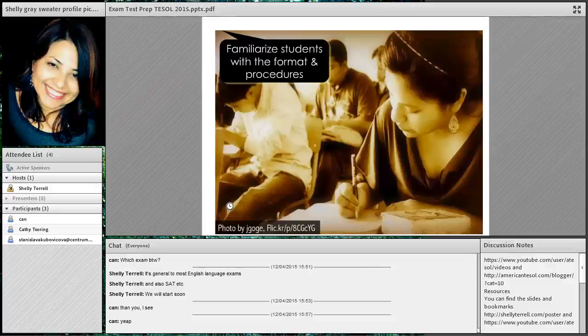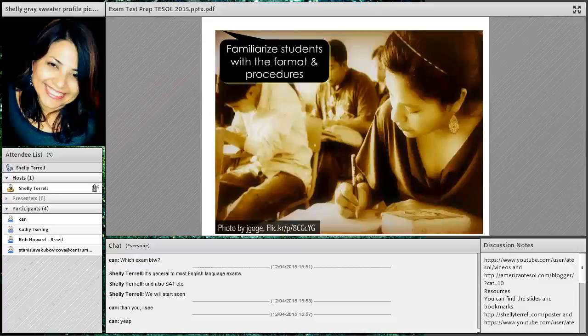Now, one of the first things that I think is really important with any standardized test is to familiarize students with the formats and procedures. A lot of times students don't pass tests because they might not understand the instructions. They may know the material, but they run out of time, or they get very stressed out, or they think they're being tricked.